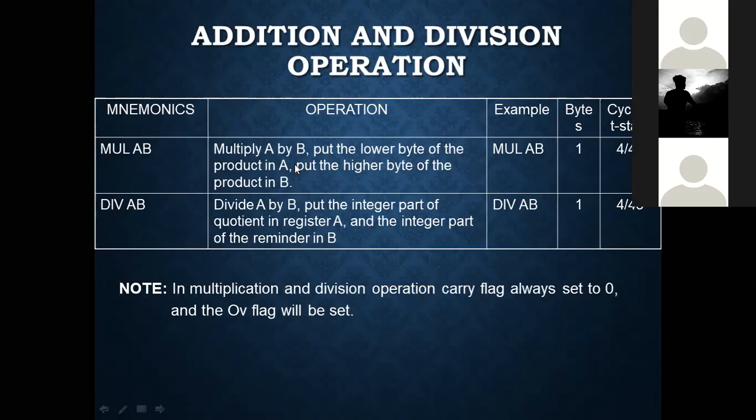After the instruction, what will be the content of the A register? PPH, very good. The quotient PPH will be stored into the A register, and the B register will hold QQH. Clear or not?